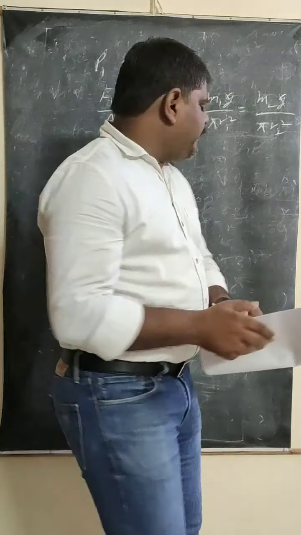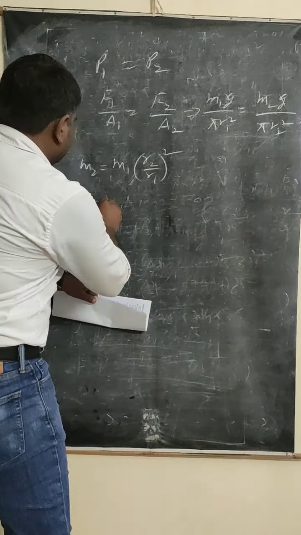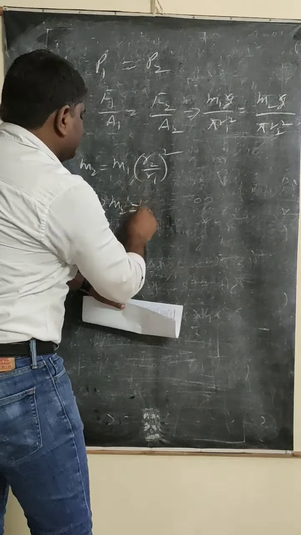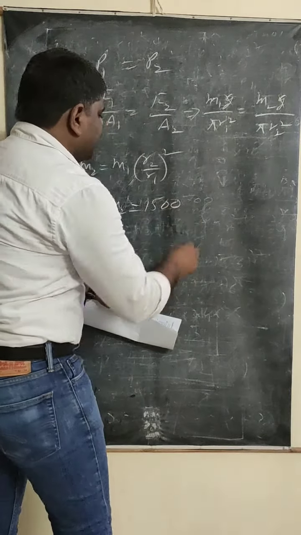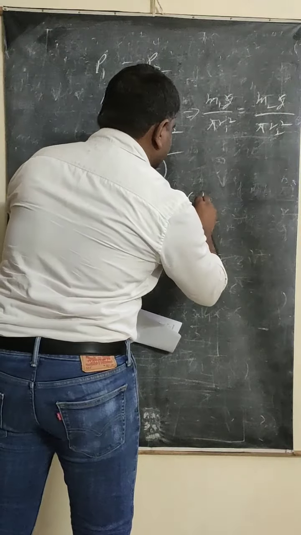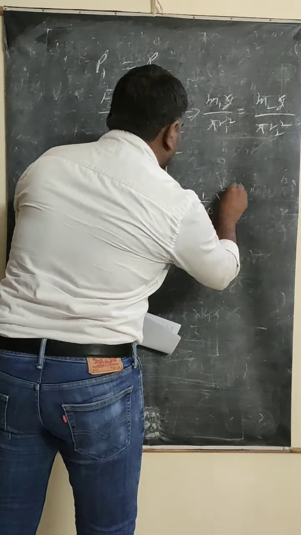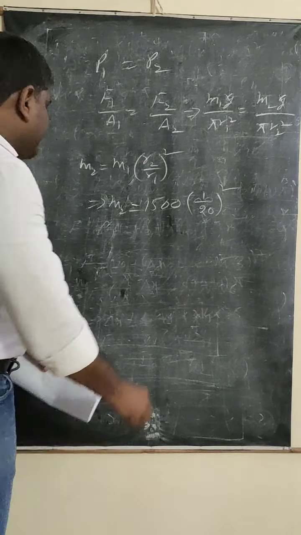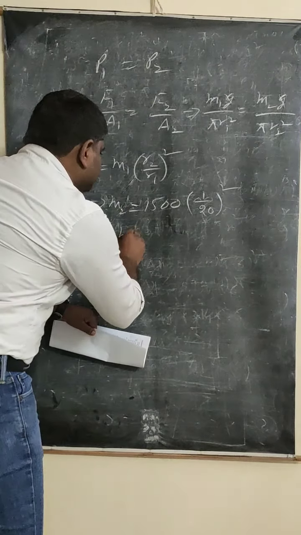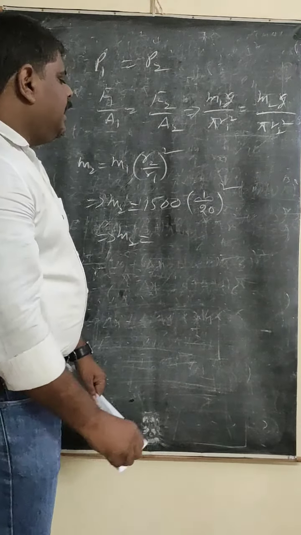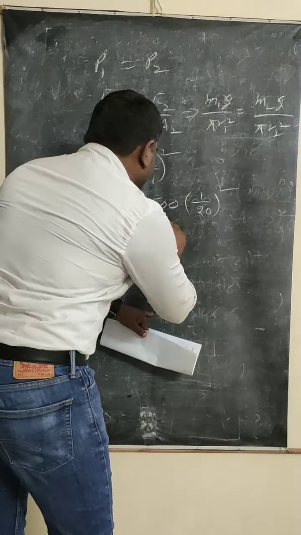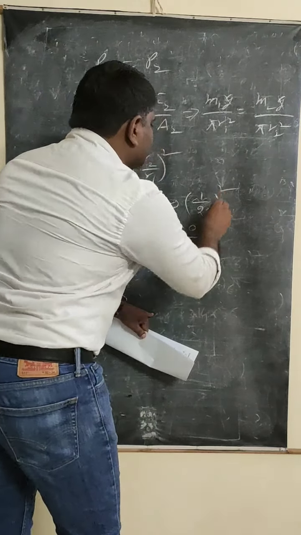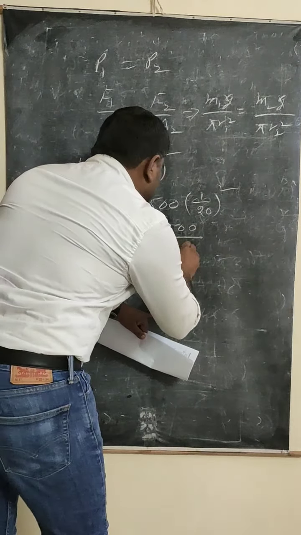So if we calculate this value, M2 is equal to M1, which is 1500, into R2 by R1, which is 1 by 20, whole square. If we simplify this value, M2 becomes 1500 by 20 square. 20 square means 400.